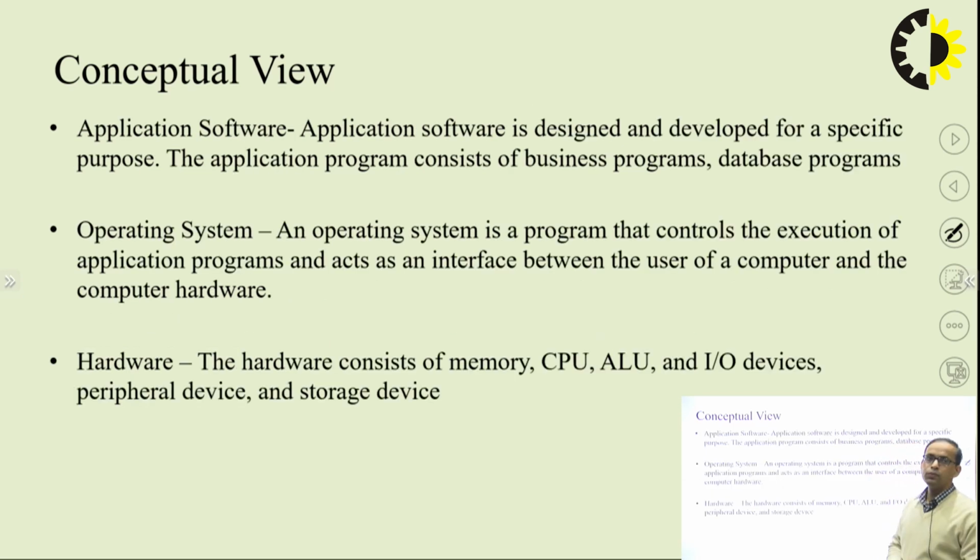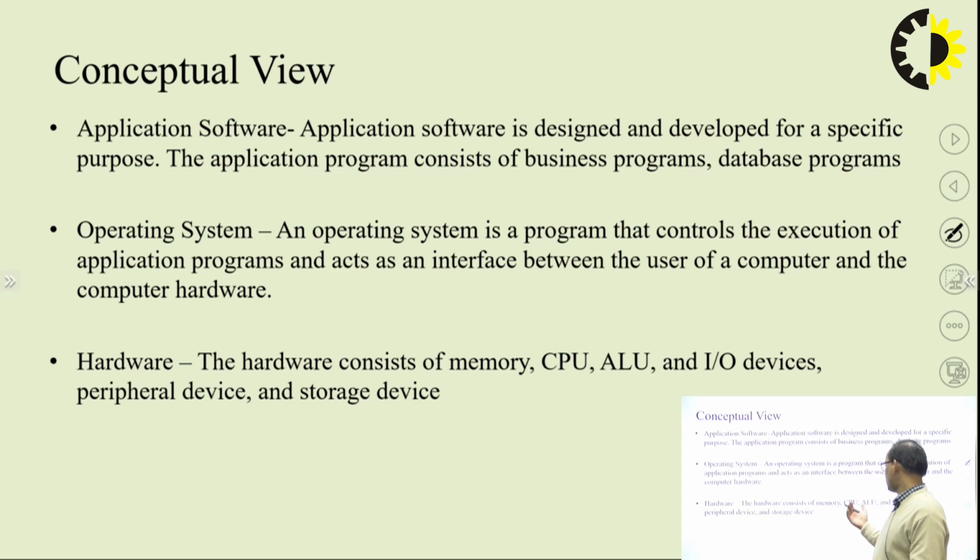Next, application software. Application software is designed and developed for a specific purpose. It consists of business programs and database programs. A business program is used by an organization to perform its activity, its operation, or its day-to-day task. The operating system is a program that controls the execution of application programs, and as I already discussed, it acts as an interface between the user of a computer and the computer hardware.